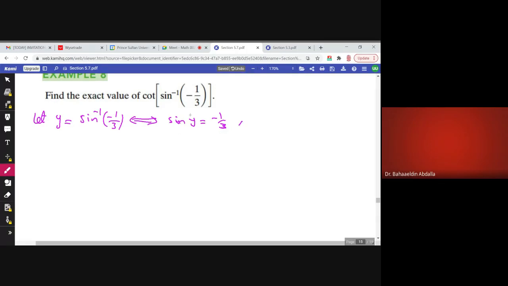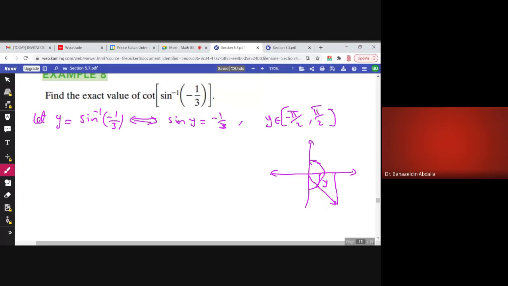So now y is in the domain of sine. What is the domain of sine we chose? If you remember, it's from negative pi over 2 to pi over 2. Again, this is the first or the fourth quadrant. But sine is negative, so this is the angle y.